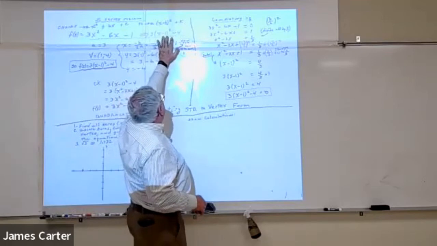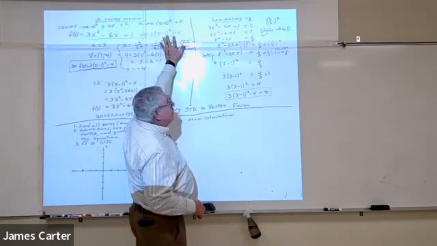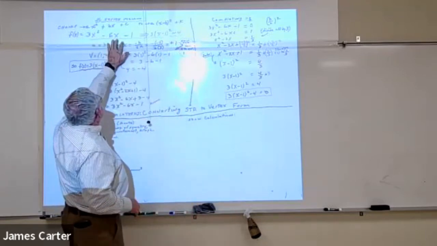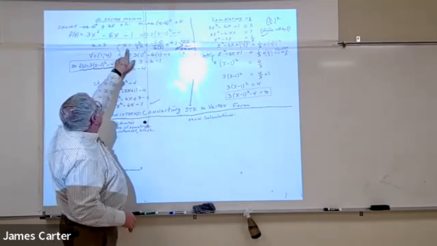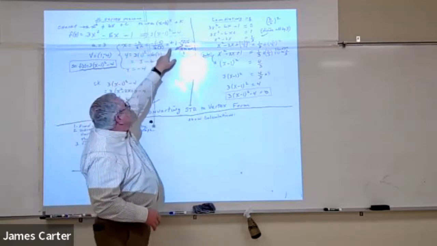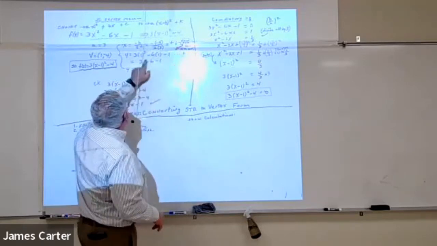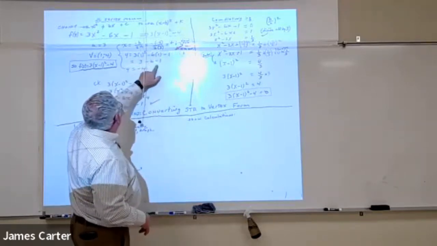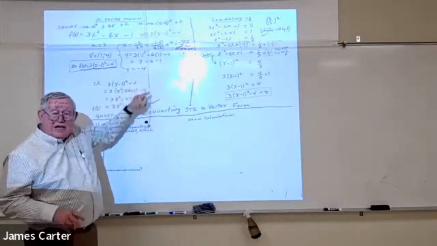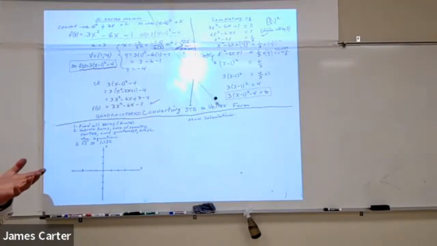If we know this format to start with, the vertex is going to be +1, -4. If we don't know the vertex in this format, -b/2a, and we get 1 for the x value. We substitute the 1 into the equation, and we get the -4.